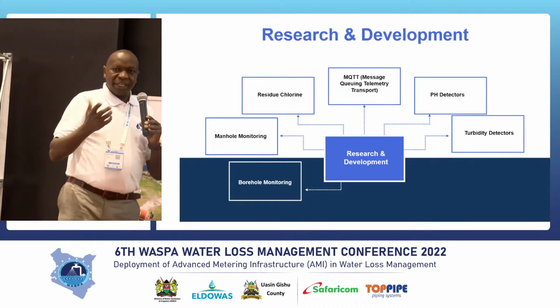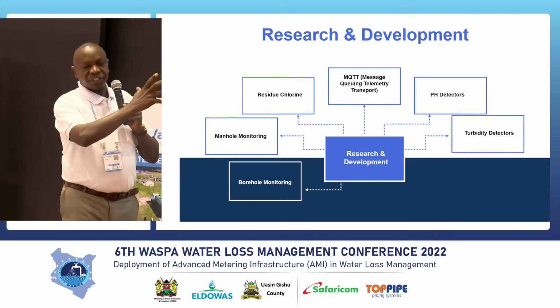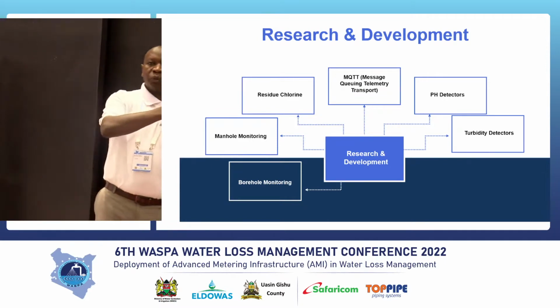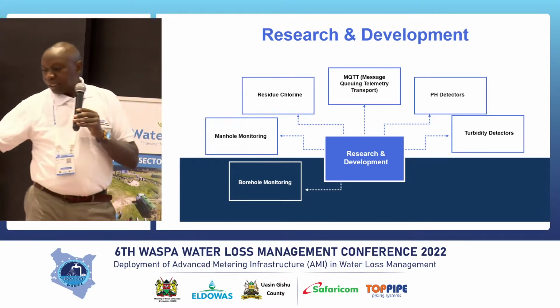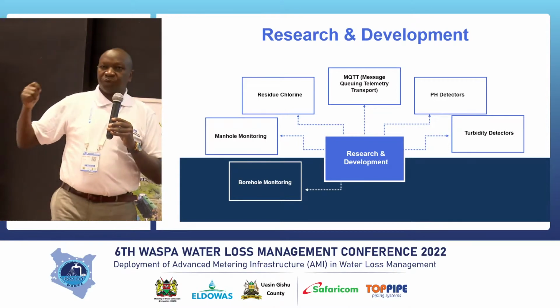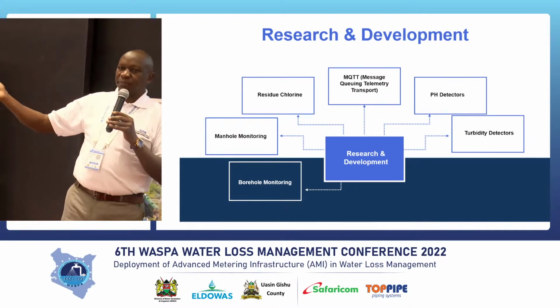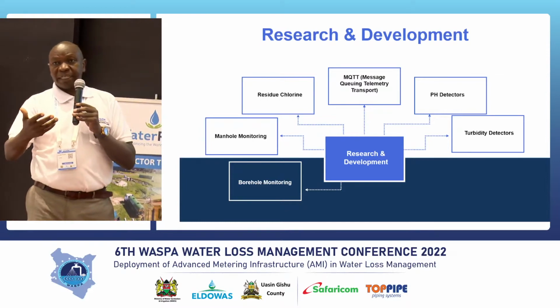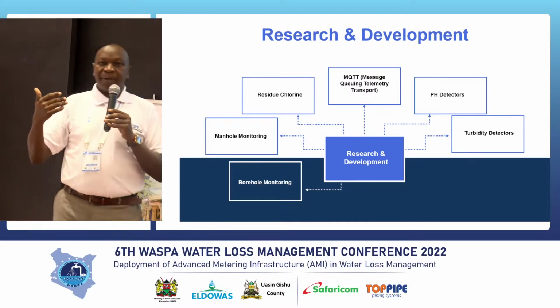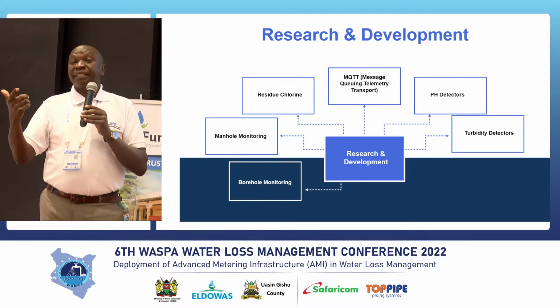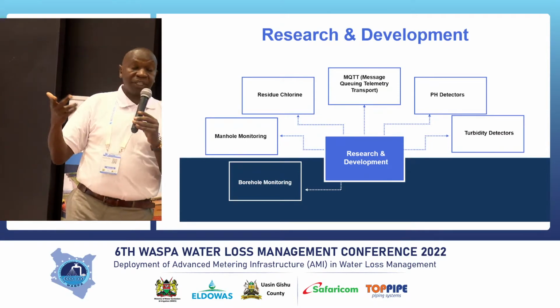We have an R&D team. Currently, we want to add these features onto our meters. Of importance is residual chlorine. Instead of having an independent item measuring that, we would want to measure that from the meter. We are looking at the ability to measure turbidity and have that be shared across.